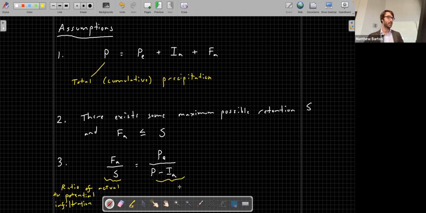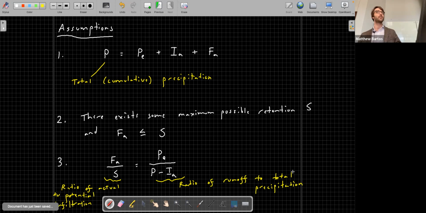And this here is the ratio of runoff to total precipitation, not counting the initial abstraction. So this is basically just an assumption. There's no clear physical meaning behind this assumption, but it is the assumption that the SCS method uses. Okay. Are there any questions before I move on?